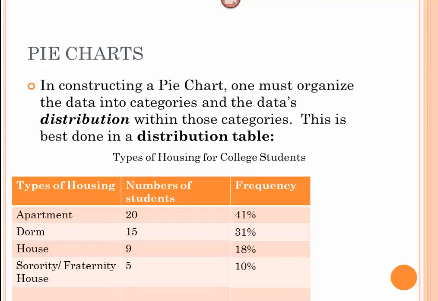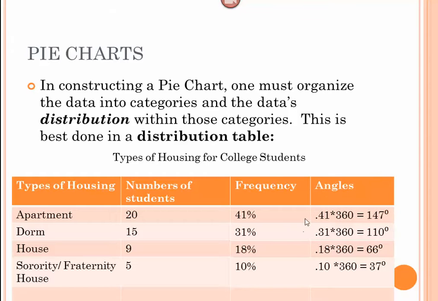And with pie charts, that is literal, because we can take that percentage, in decimal form, multiply it by 360, which is the total number of degrees in a circle, and we get 147 degrees, which tells us how much of the circle is going to be made up of apartments, right?